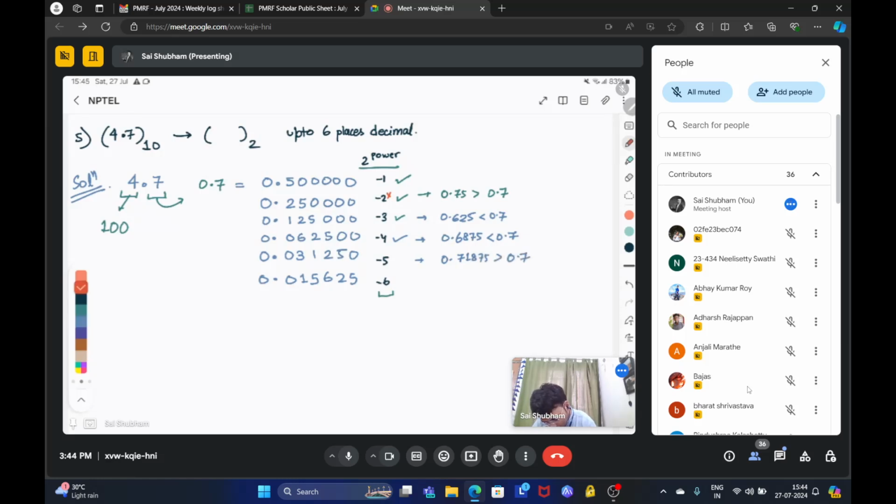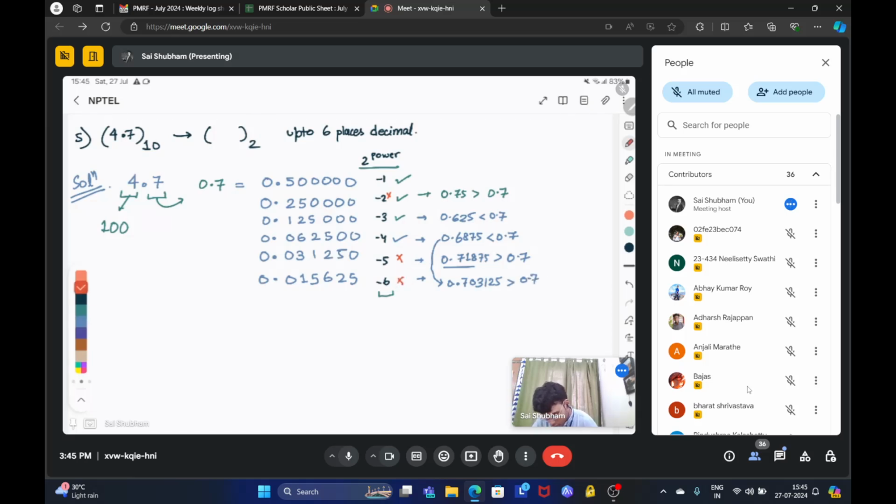So you have to discard it. Then next you have -6. We will continue from the previous sum because we have discarded it. So this is also greater than 0.7, 0.703125 I think, something like this. So we cannot have this.